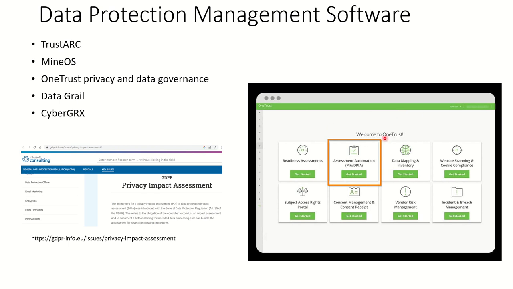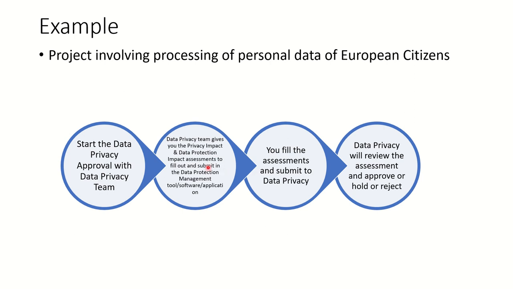In this tool, they will create an assessment for your project. This assessment will be aimed at collecting more information about the personal data that your project will be processing, like what data you are collecting, how the data will be processed, where it will be processed. We will discuss this a little bit in detail on the next slide when I show you the example of the questionnaire.